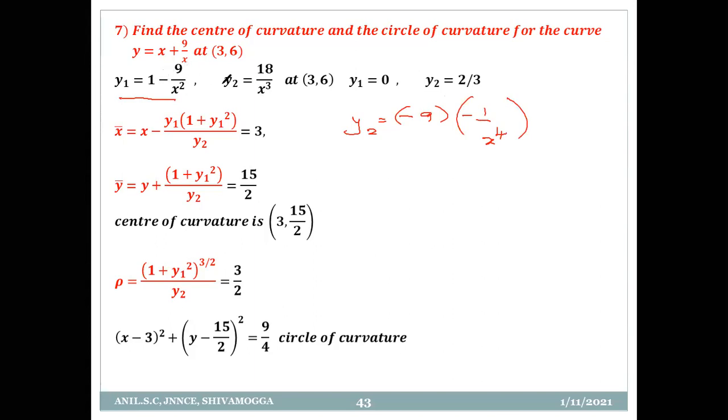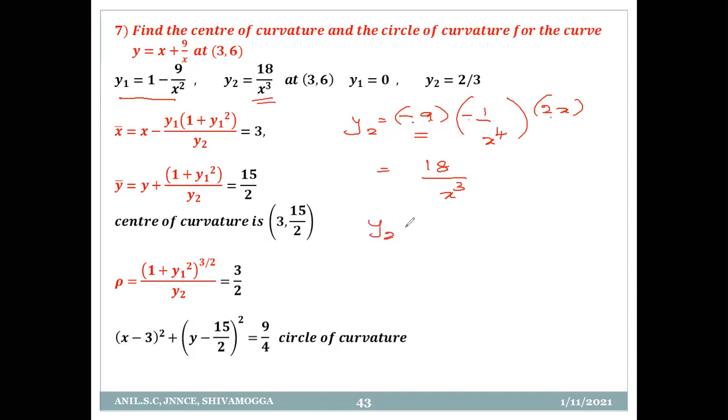Keep this minus 9 constant as this. Derivative of 1 by x square is minus 1 by x square whole square, that is x power 4, into derivative of x square is 2x. Therefore, this is equal to minus into minus plus 9 into 2 is 18 divided by x power 4 into x, which is 18 divided by x cube.